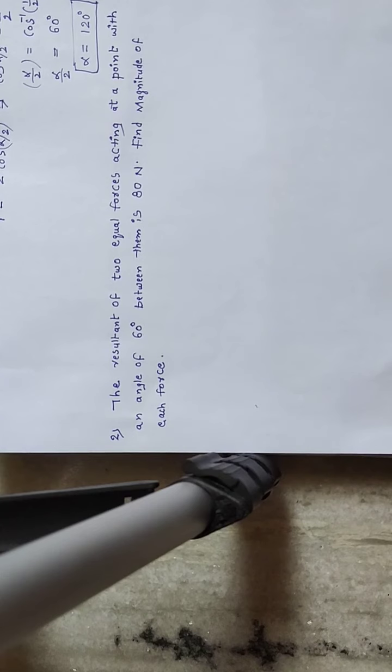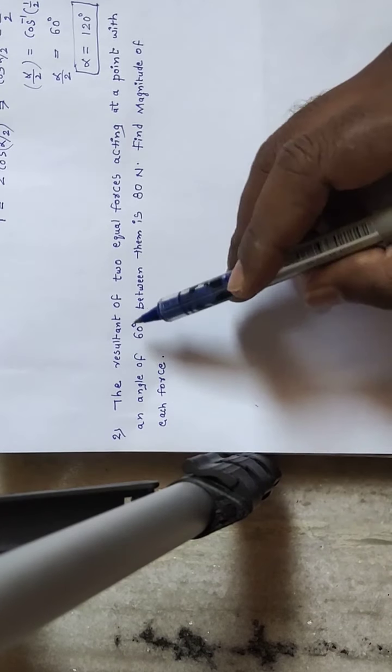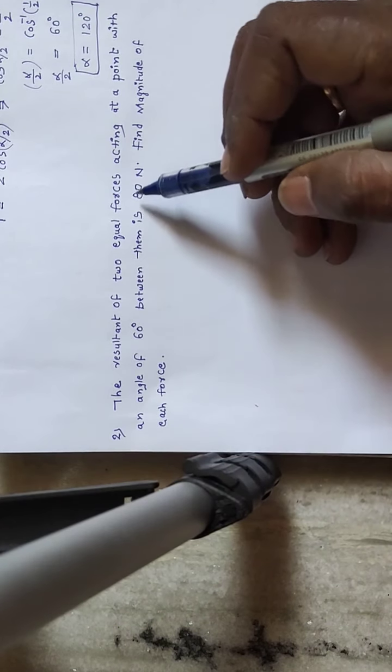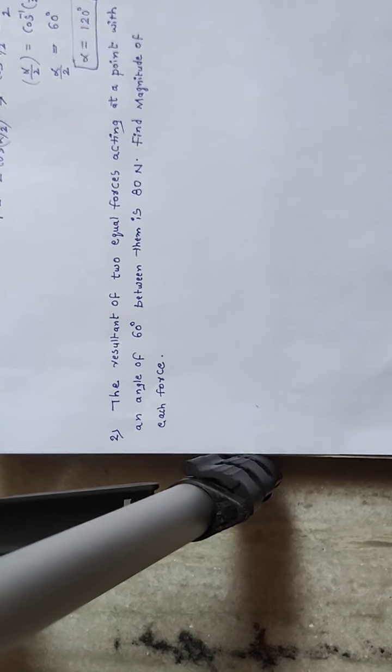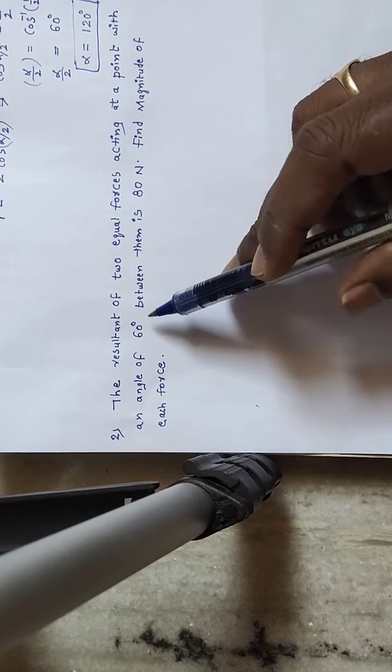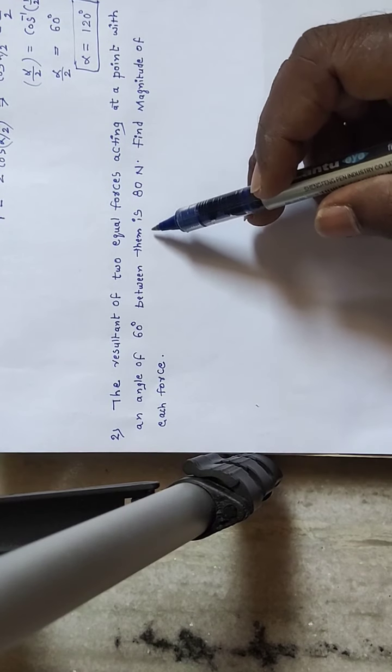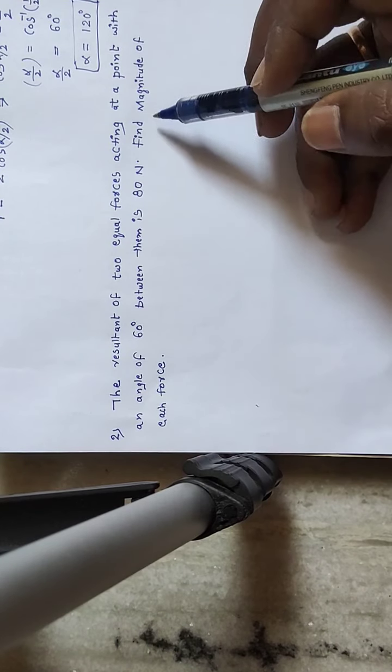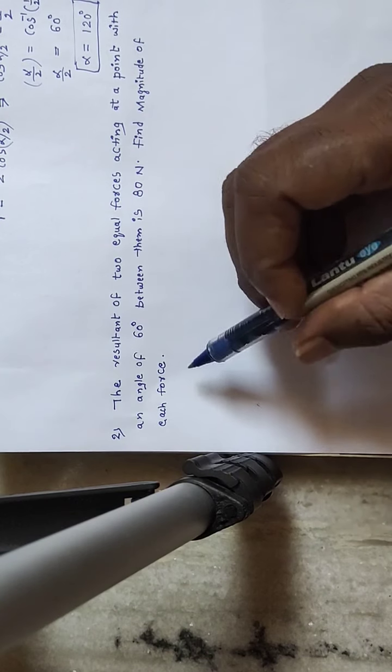So the next problem is: the resultant of two equal forces acting at a point with an angle of 60 degrees between them is 80 Newton. Find the magnitude of each force.